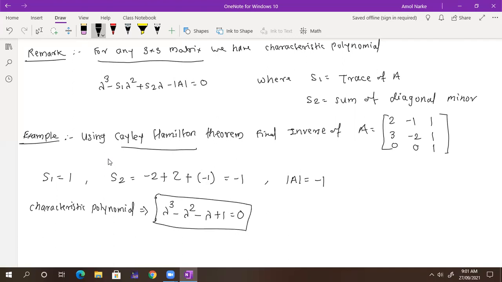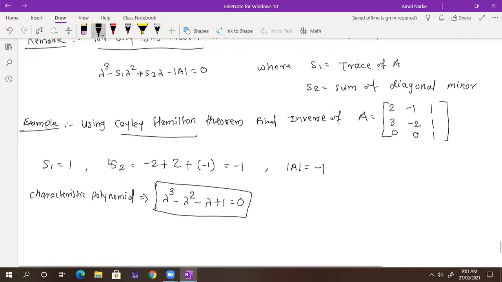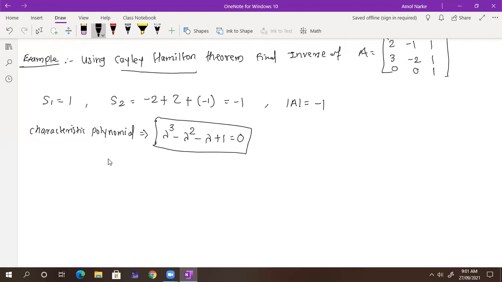Check whether everyone is getting this. Okay. So once you got this, by using Cayley-Hamilton theorem, sometimes we may ask you to verify Cayley-Hamilton theorem and find A inverse. That time you need to find A cube, A square like that. But sometimes we directly ask to find A inverse using Cayley-Hamilton theorem. Verify means you need to substitute the value of A also, find A cube, A square and everything, and then get the answer. So by Cayley-Hamilton theorem, the characteristic polynomial.